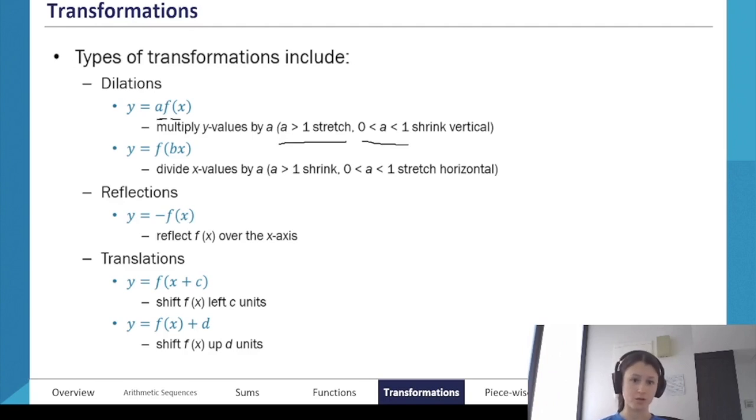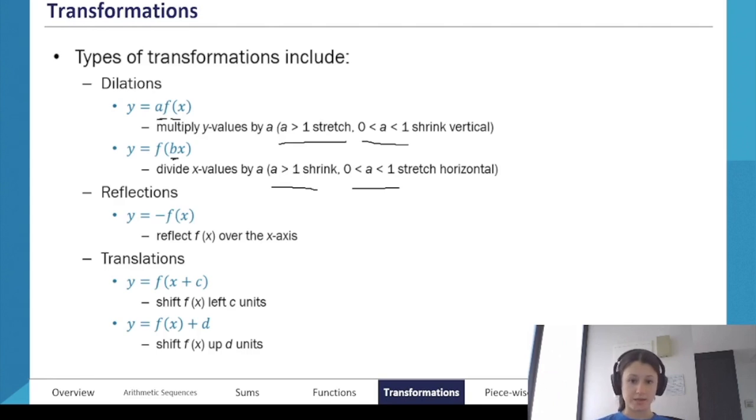Then for our second type of dilation, we are going to have a b value within the x. For this one, if b is greater than 1, then it's going to shrink it, or if b is between 0 and 1, it's going to stretch it horizontally.